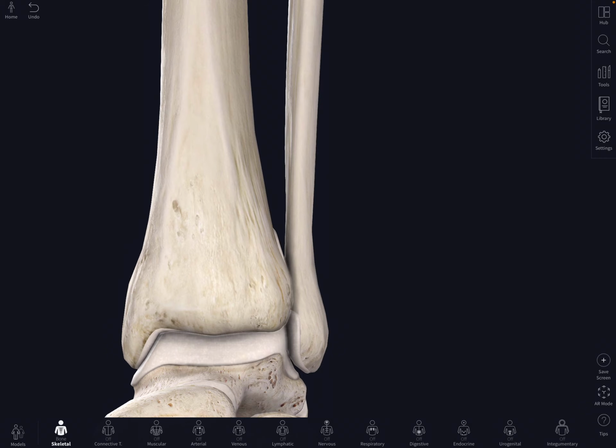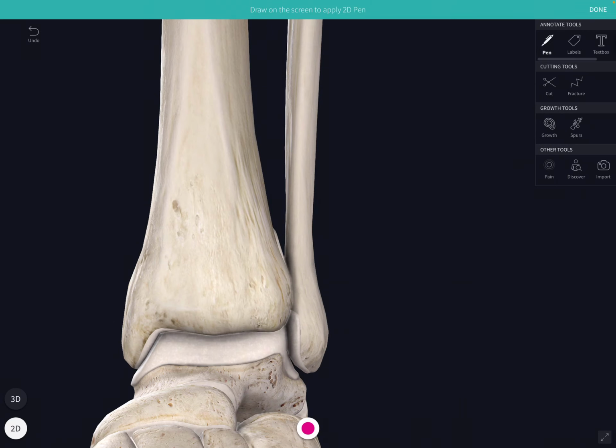Okay, and again, as I said, the distal end of the fibula becomes the lateral malleolus. And again, there's an articular surface on the medial aspect of the lateral malleolus, this remaining the interosseous border.